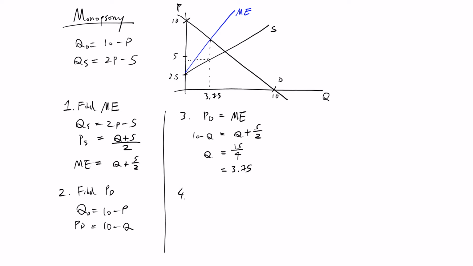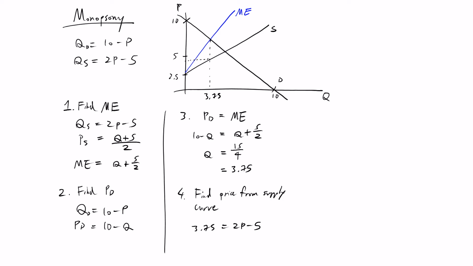So to find the price from the supply curve, QS is 3.75, which equals 2P minus 5, right?